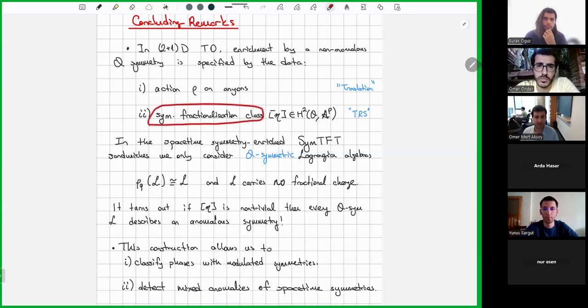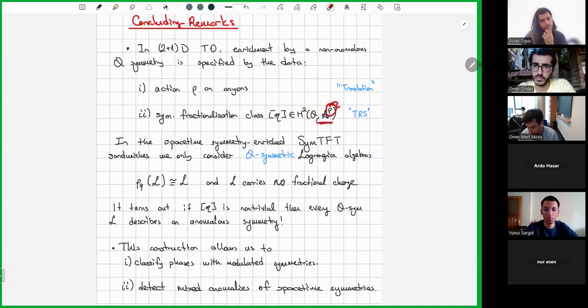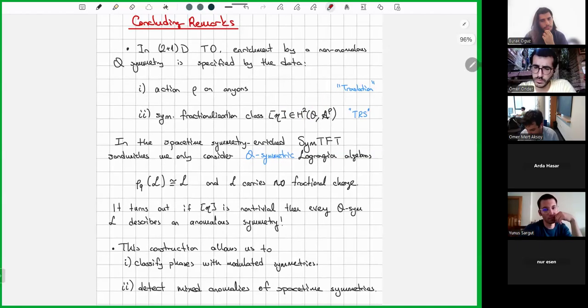The symmetry fractionalization class is related to another cohomology group, the second cohomology group, where you have the group elements weighted by the abelian anyons, and the rho here signifies the potential action. So it's a somewhat complicated object. In the case of time reversal, it was very simple because this was just Z2, this was just Z2, and then the result was Z2. So my simple examples for 1 and 2 were the translation case and the time reversal case.